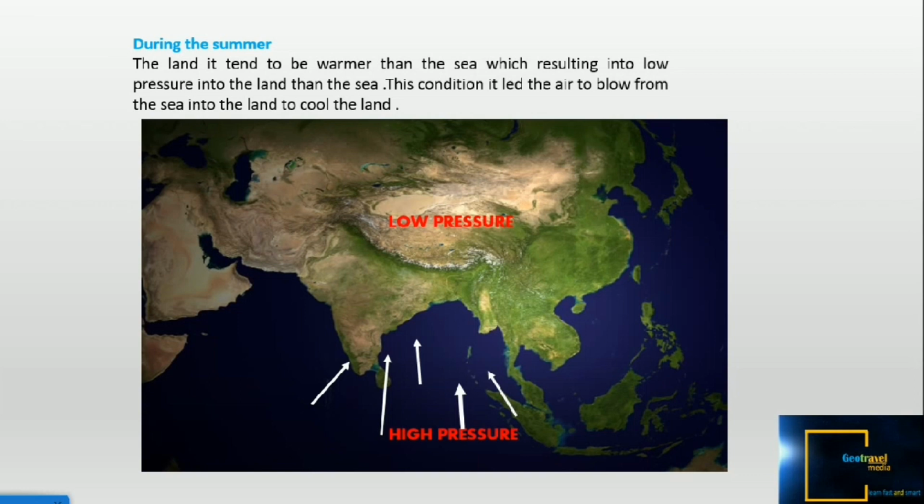Therefore, during the summer, the wind will normally operate from the sea toward the land where there is low pressure.